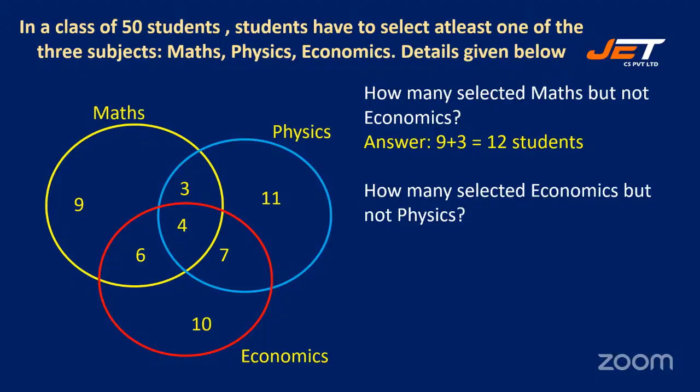How many selected economics but not physics? So it is 10 plus 6, which is 16.